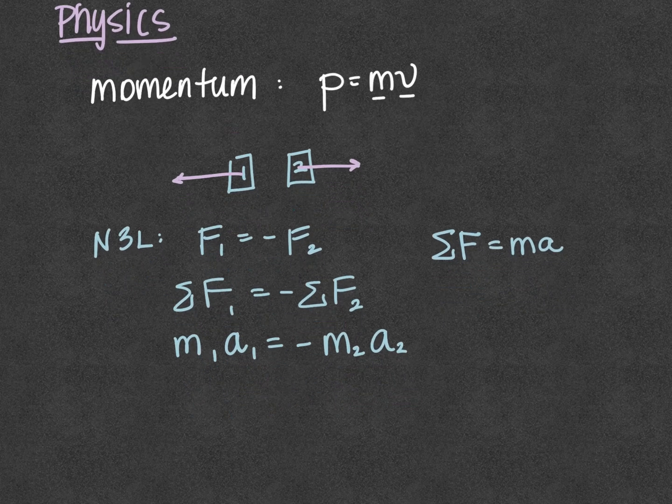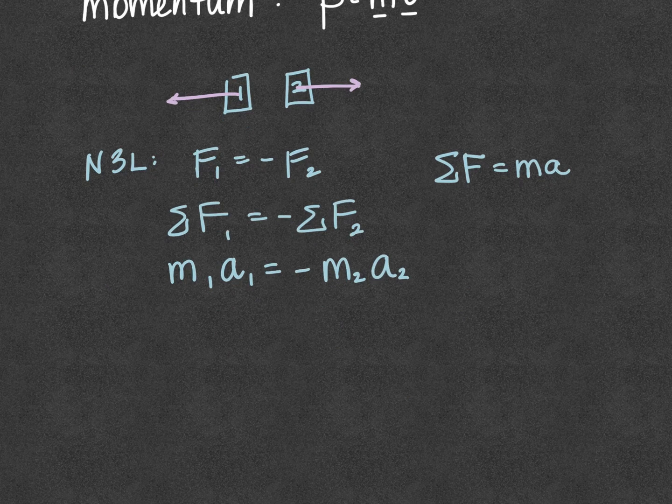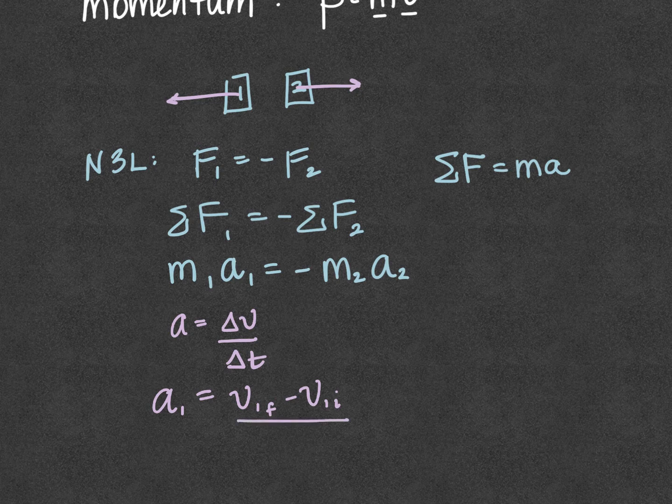So now when we look at what acceleration means, remember acceleration is the change in velocity over a change in time. So that means that a1, the acceleration of object 1, would be the final velocity of object 1 minus the initial velocity of object 1 divided by the change in time, so the final time minus the initial time.